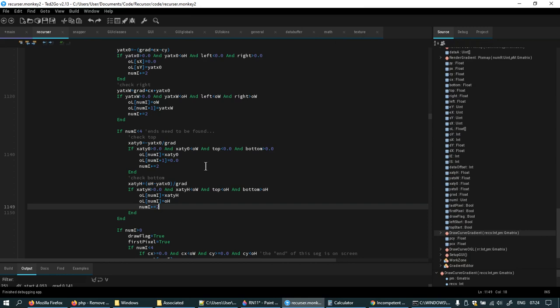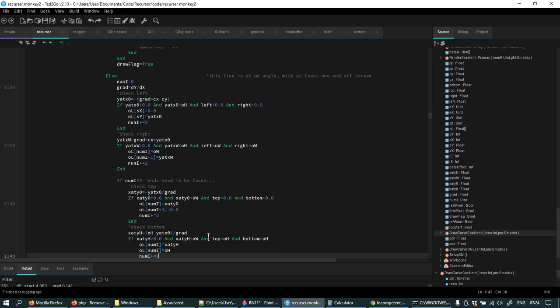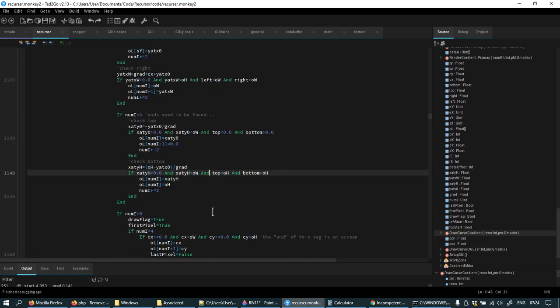If x at y height is greater than 0 and x at y height is less than output width, top is less than output height and bottom is greater than output height. There is the problem.